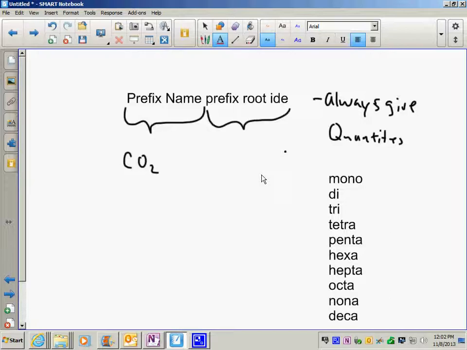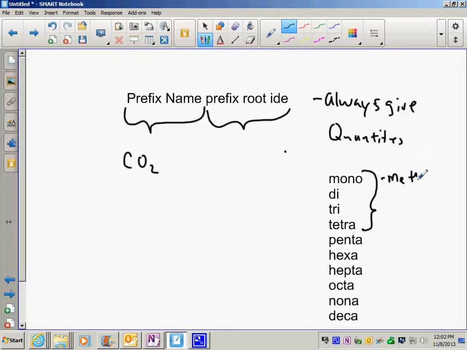The only difference we'll see between these and the inorganics, or I should say the organic, is the fact that the organic have a slightly different option for the first four. This would be methyl, this would be ethyl, propyl, and the last one is butyl.